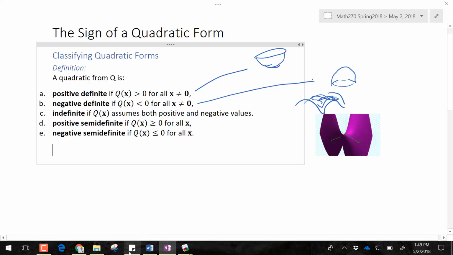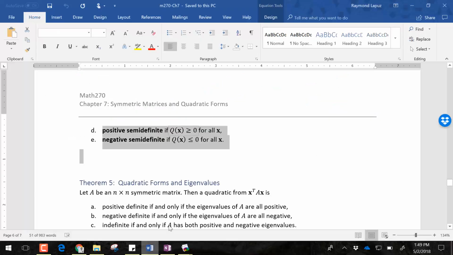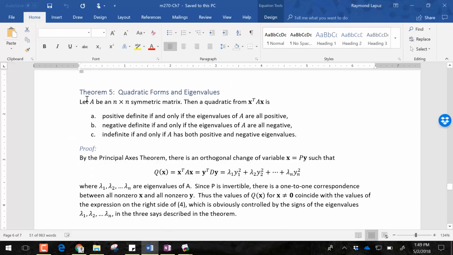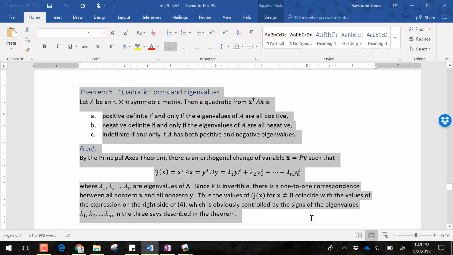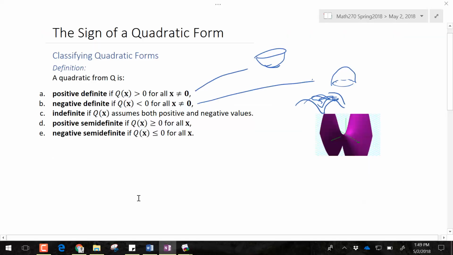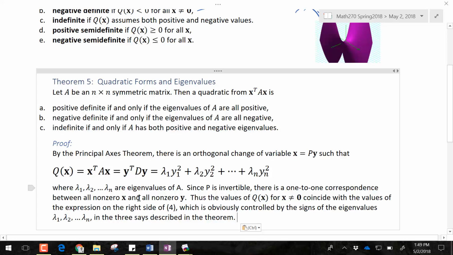All right, so the next thing to do is try to identify these. Here's the thing, and I won't talk much about the proof, but I'll include it in our notes, which is really just copied from the book anyway.